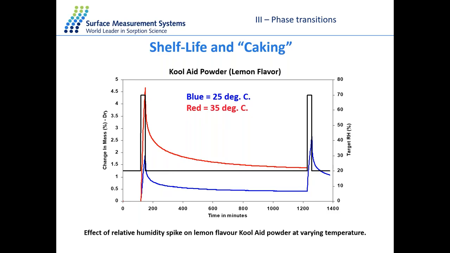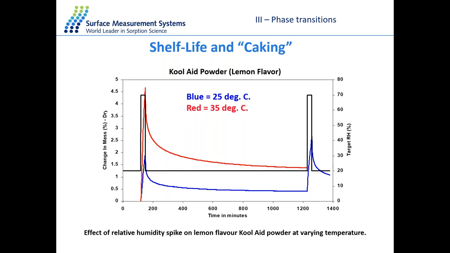More often than not, we have our sample in a container, isolated, and we open it up just to take enough material to do a specific experiment, and then we seal it back down to keep the batch as fresh as possible. So those represent burst exposures to high levels of relative humidity rather than constant exposure overnight.